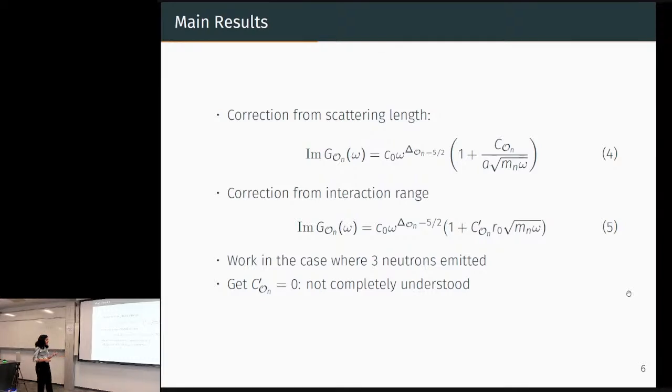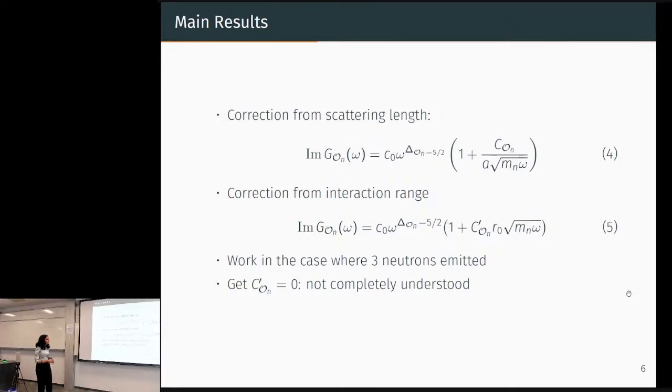Something surprising that we find is that C prime is just 0. This is the contribution from the irrelevant deformation in the CFT, and it turns out that the finite piece always vanishes in integer dimensions. Somebody's question: is R0 large or small?